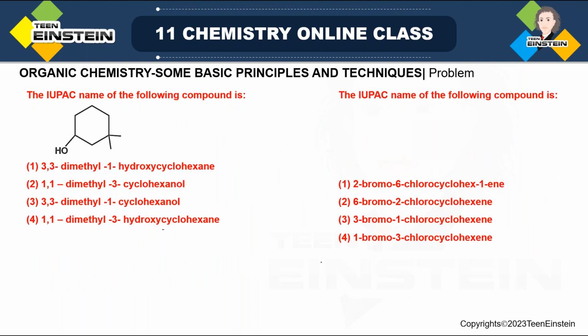Now we have a cyclic compound, and in this case we have an OH group on the main ring.